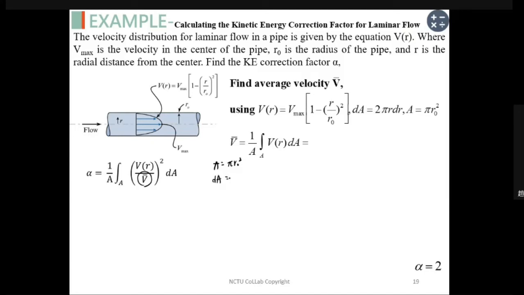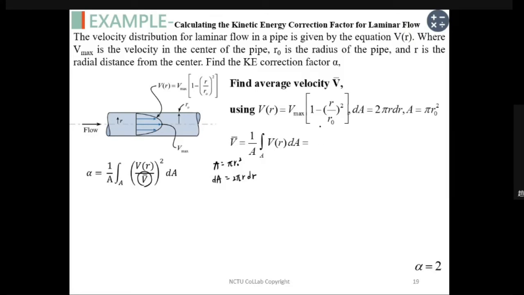So what is A? This is for pipe flow, so the area is pi r0 squared, right? And what is dA? We know that dA is 2 pi r dr, right?